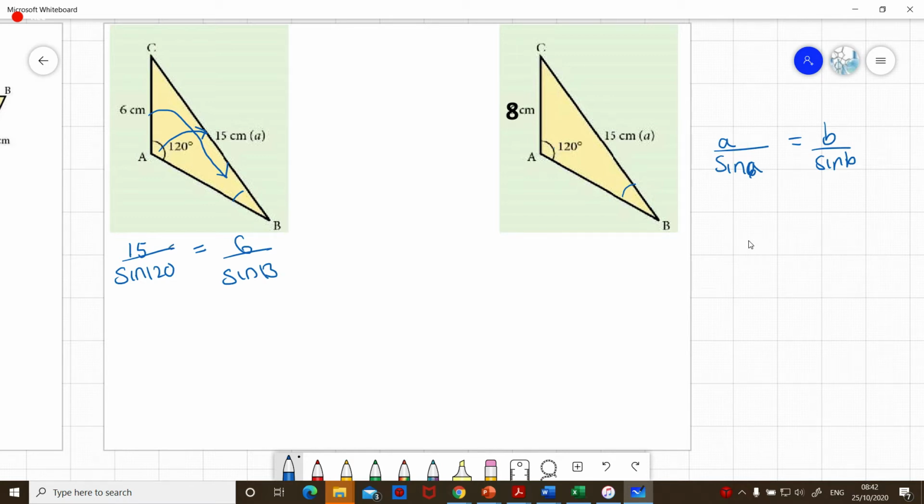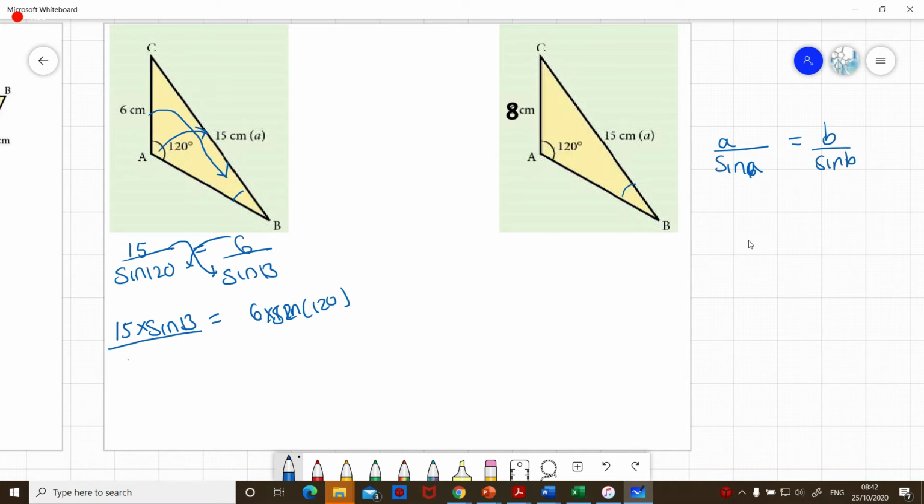We don't know what sine of B is, so we write sine of B. Cross multiply, perfect. Very, very easy. So 15 times sine of B is equal to 6 times sine of 120. Now we want to remove this time the 15.